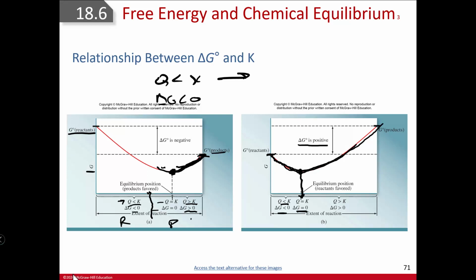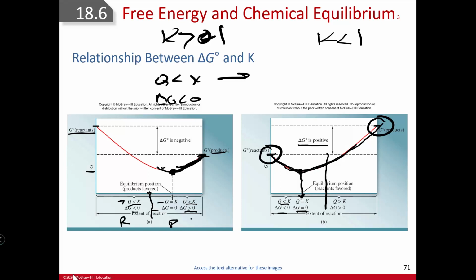And if you think of the reaction halfway being here, you can see that the reactant is favored over the product. So when K is huge, when K is much greater than 1, then Q is going to definitely be less than K, and that's a driving force for this reaction. But when K is much less than 1, then the reaction doesn't favor going towards the products, and here what we see is that G for the products is higher in energy than G for the reactants.